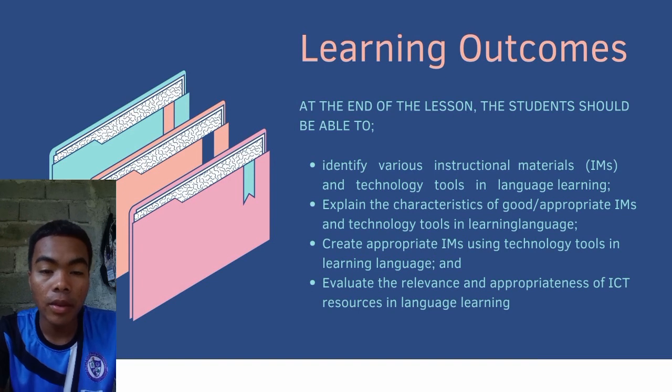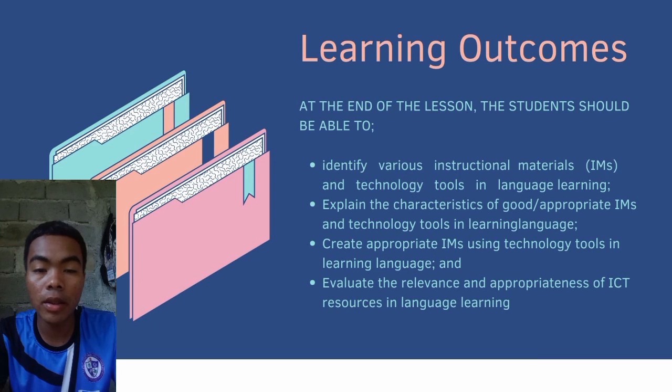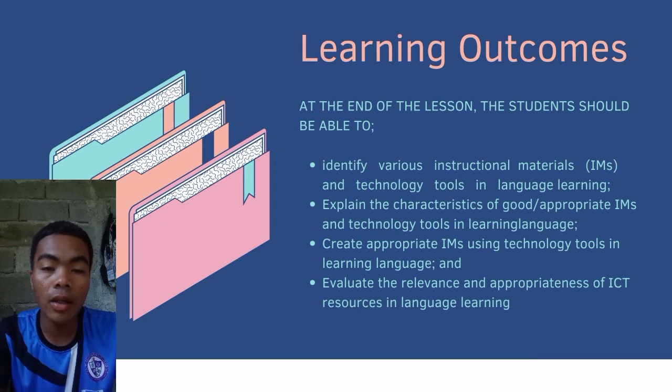Third one, create appropriate IMs using technology tools in learning language. And lastly, evaluate the relevance and appropriateness of ICT resources in language learning. Those are our learning objectives that we are hopeful we're going to attain at the end of the lesson.